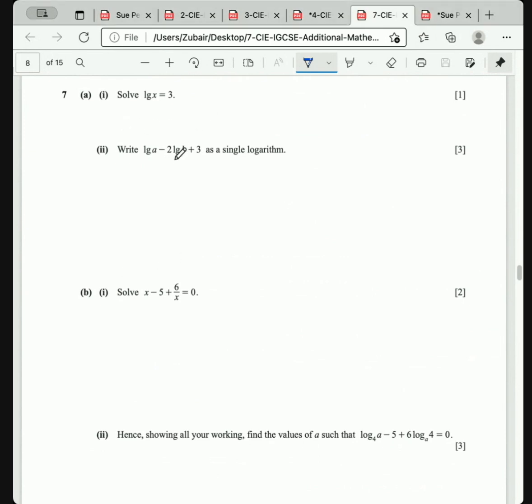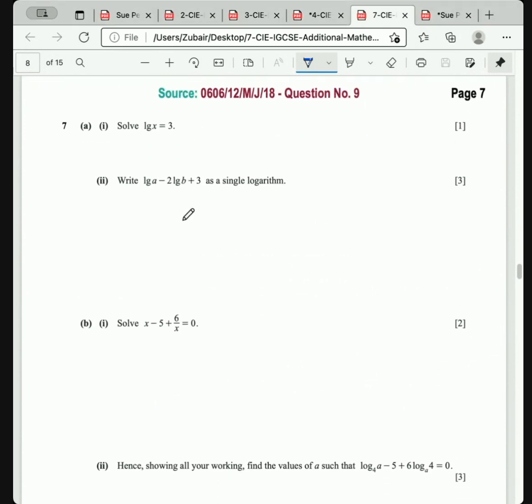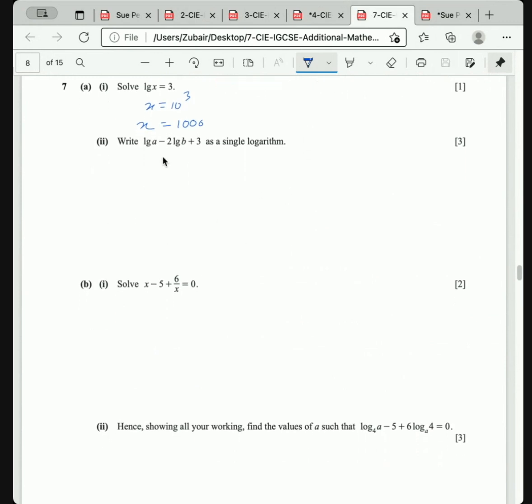Solve log x equals 3. So this is just x equals 10 raised to power 3, which is 1000. Write log a minus 2 log b plus 3 as a single logarithm. So this is log a minus log b squared plus 3.